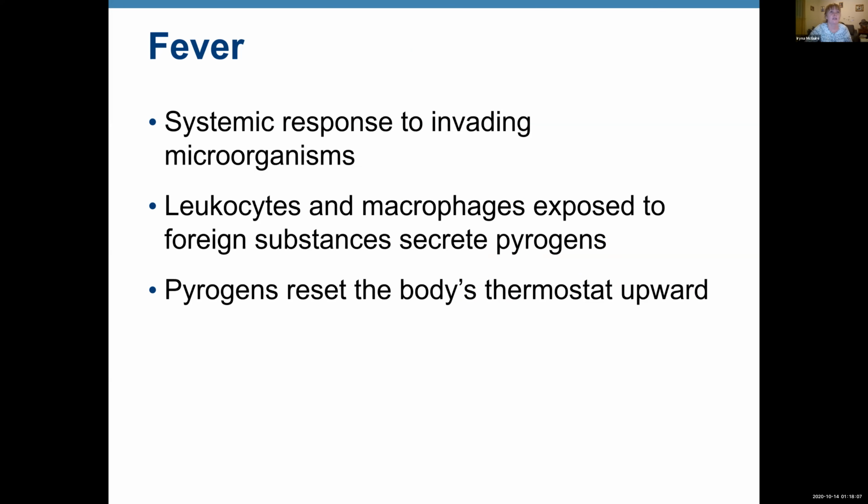Now, fever is also a second line of defense. It's a systemic response to invading microorganisms, because leukocytes and macrophages, when they are exposed to foreign substances, secrete pyrogens. Those are chemicals that are going to reset your thermostat upwards, and your body will have a fever.